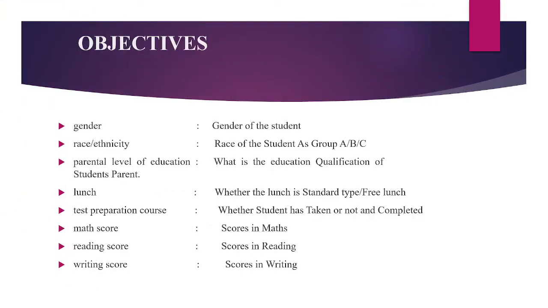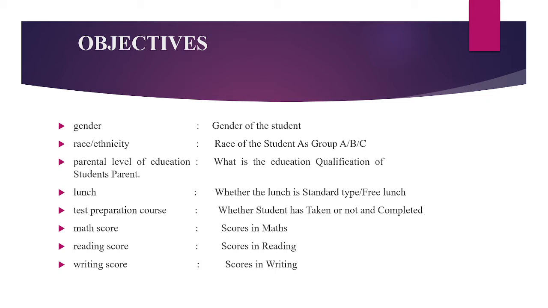And objectives of my project: gender of the student, race of the student as a group. Here we made groups like group A, group B, group C, group D, like that. Parental level of education, what is the education qualification of a student's parents. And lunch, whether the lunch is standard type or a free lunch.